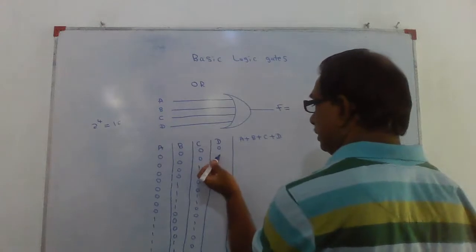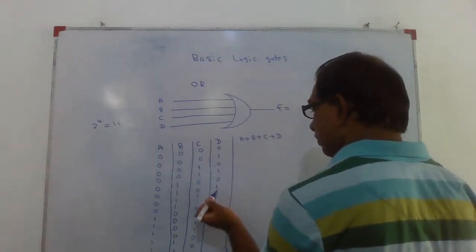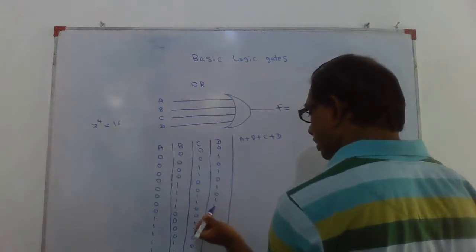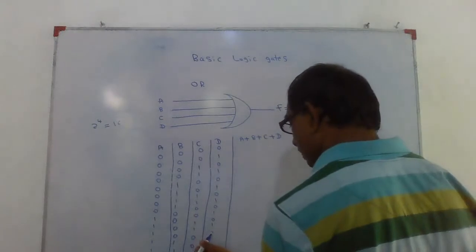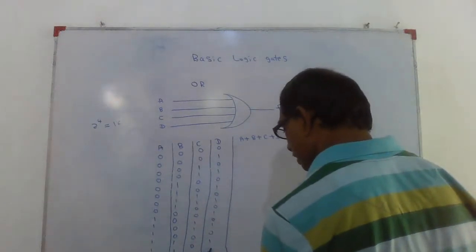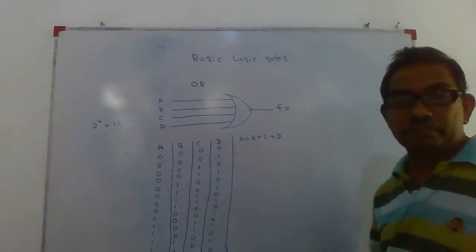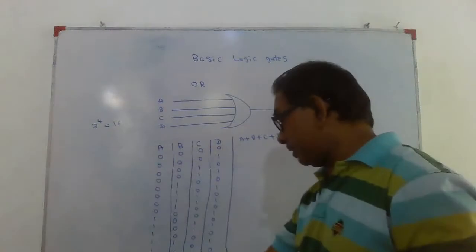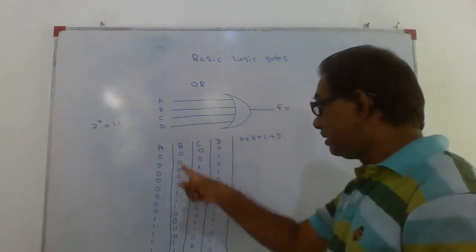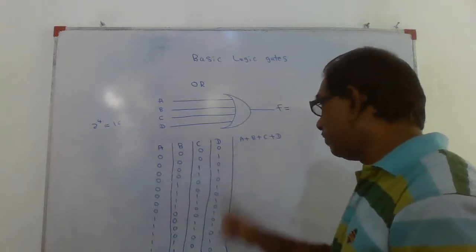Here 0, 1, 0, 1, 0, 1, 0, 1, 0, 1. So you have to continue the same pattern and fill the truth table. So 8 zeros, 8 ones, then 4 zeros, 4 ones, 2 zeros, 2 ones, 0, 1, 0, 1.